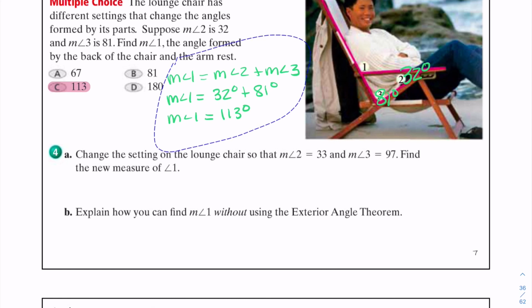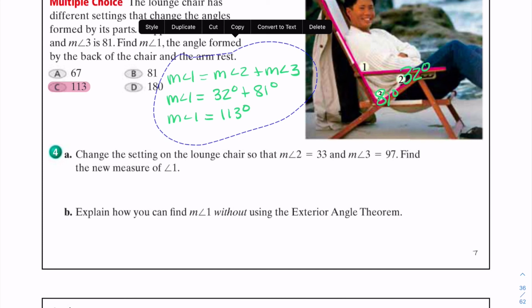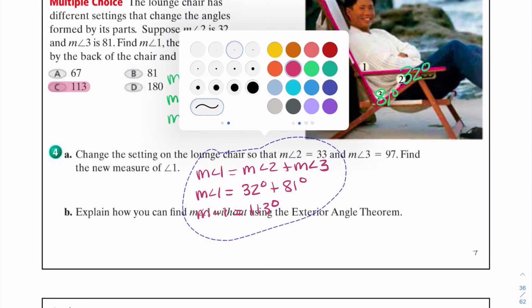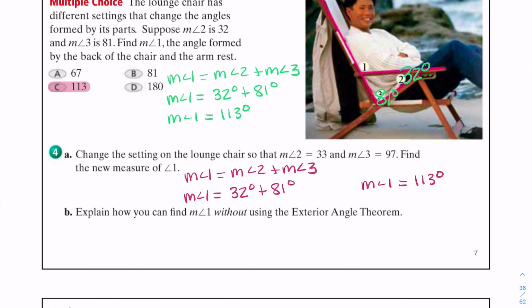So I can literally use all of this. I will change that. So instead, we have 33 and 97, which ends up becoming 130 degrees.